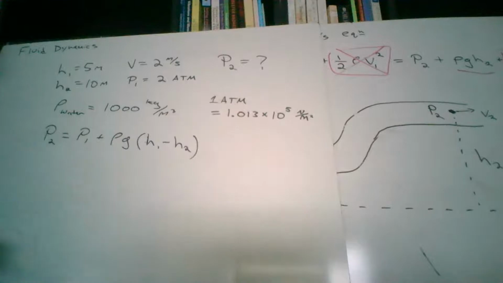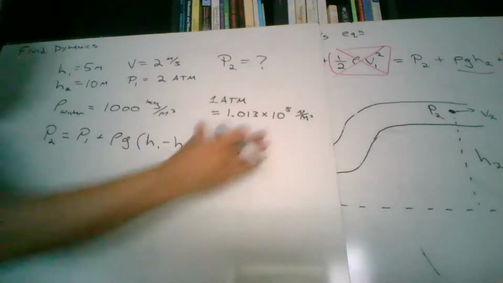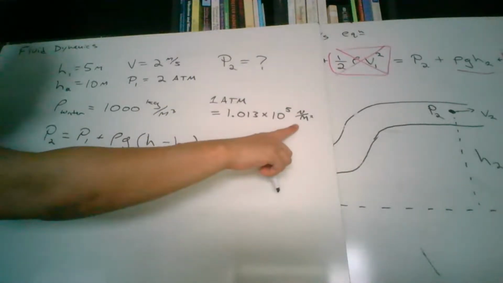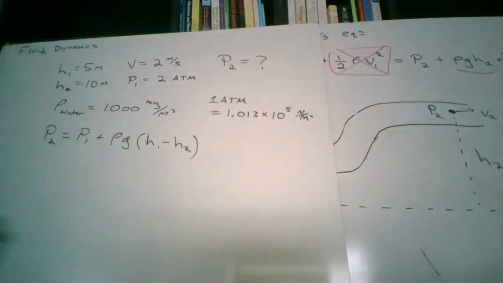So that's the atmospheric pressure. Force divided by the area, so those are the units of pressure. Another way of saying this is Pascal, capital P, lowercase a. So 1 ATM is equal to that, and we want that because we want everything in terms of ATMs in this case.